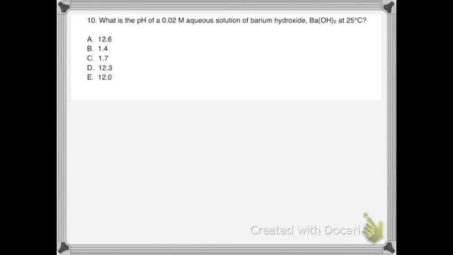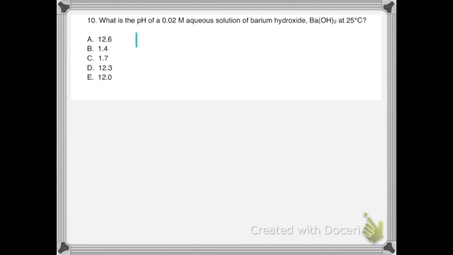Okay, for number 10 here, they want us to calculate the pH of a 0.02 molar solution of barium hydroxide. So we have to think about what kind of compound barium hydroxide is. One clue, in case you haven't memorized your strong bases, which you probably should, is that they didn't give us a K. And that's because we know that it dissociates completely.